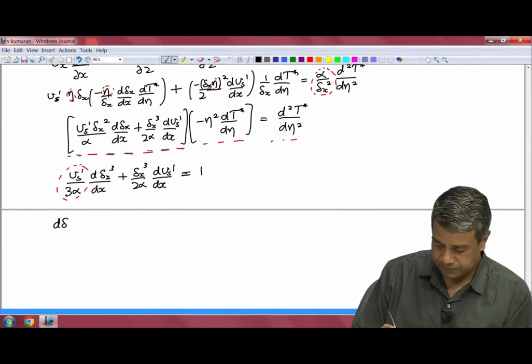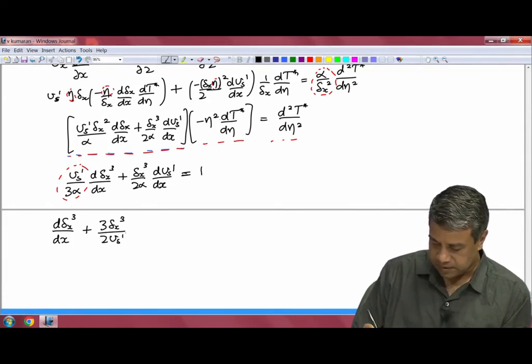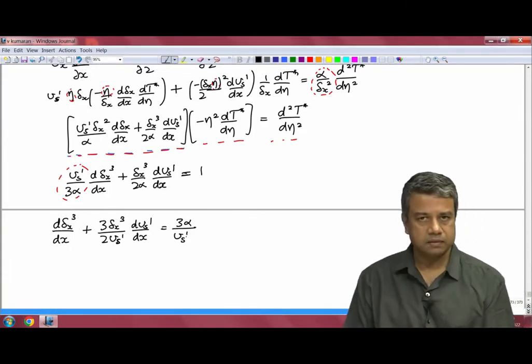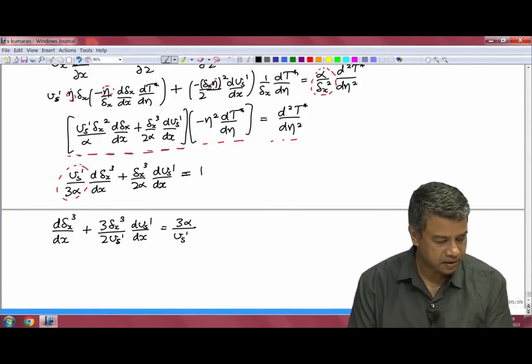Plus 3 delta x cubed by 2 Vs prime is equal to 3 alpha by Vs prime. That is the first order inhomogeneous equation for the boundary layer thickness.